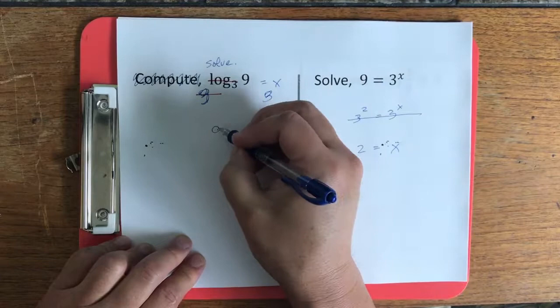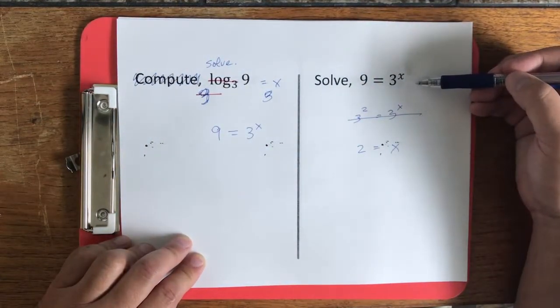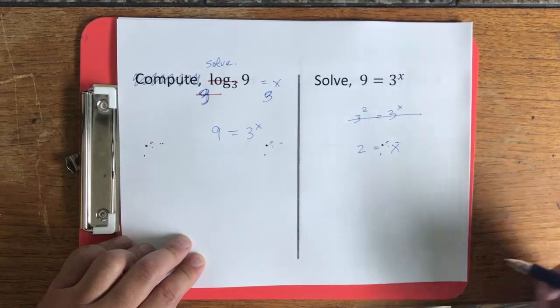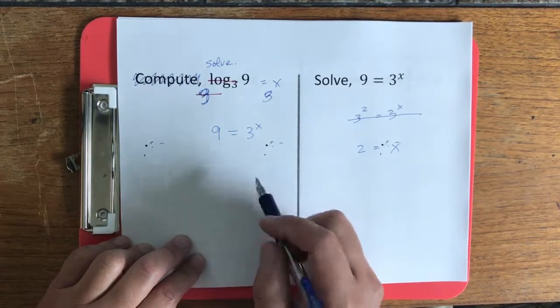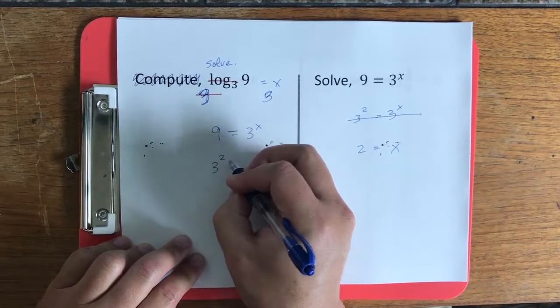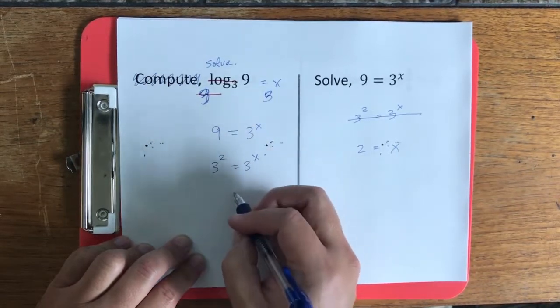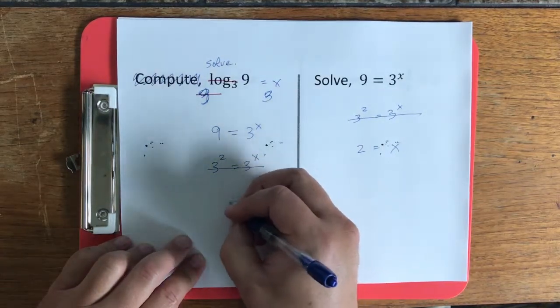And now we get 9 is equal to 3^x, which is pretty much the exponent equation problems we solved in the previous section. Now, in order to get rid of the bases, I want these two sides to have the same base. So I get 3 squared is equal to 3^x. And now I get x is equal to 2.